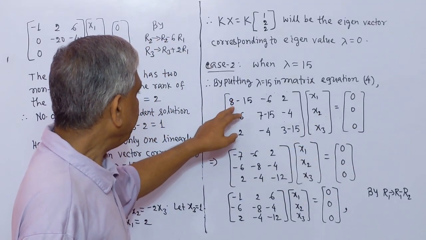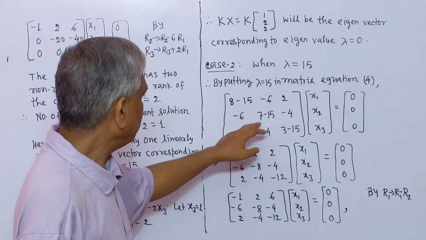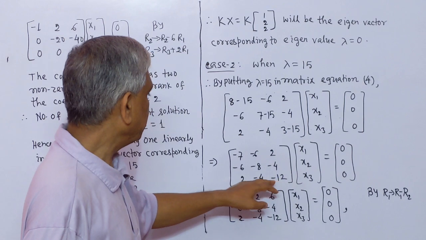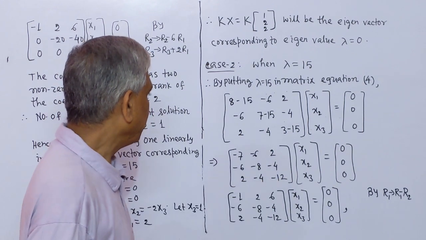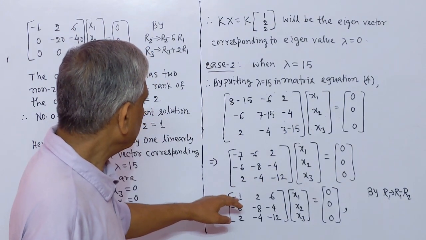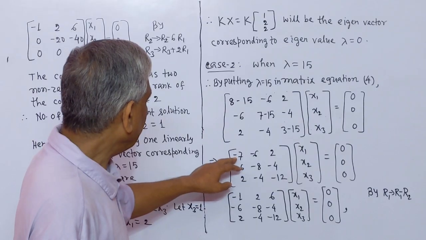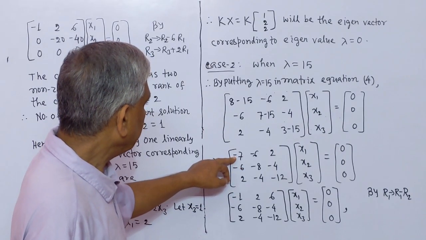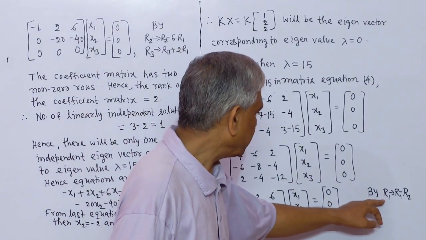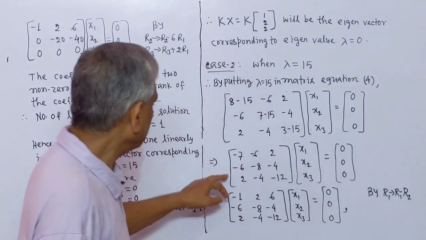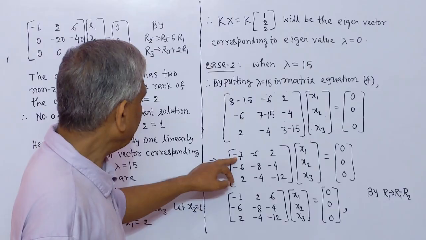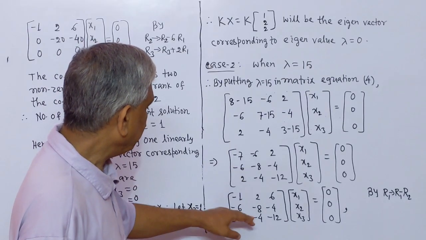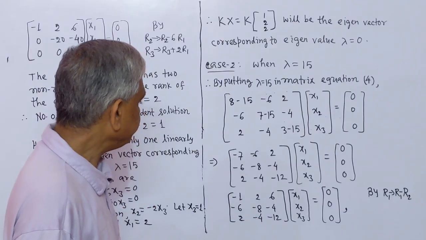Now subtracting, 8 minus 15 is minus 7, 7 minus 15 is minus 8, 3 minus 15 is minus 12, and now here we want to make minus 1. So if we take in place of R1, R1 minus R2, minus 7 minus 6, here 1 we will get, and other row remains same.